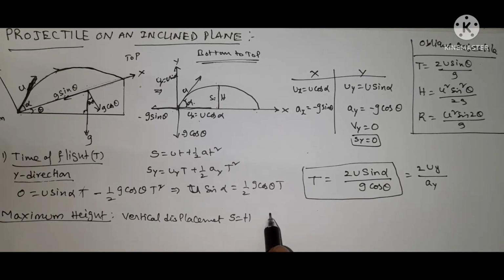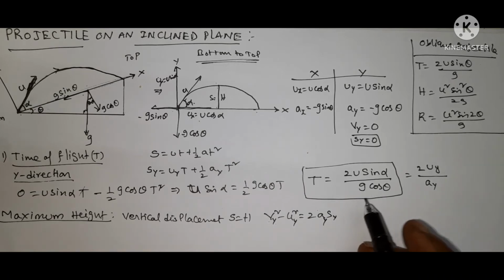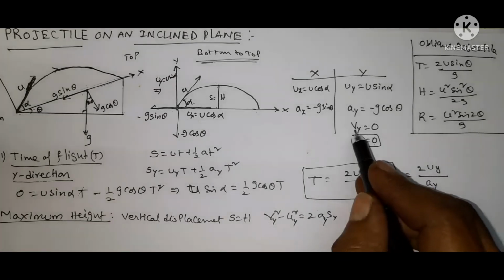Here we can use the equation of motion, v square minus u square is equal to 2as. That is vy square minus uy square equals 2ay sy. All are the vertical components. As you know, vy square is 0.